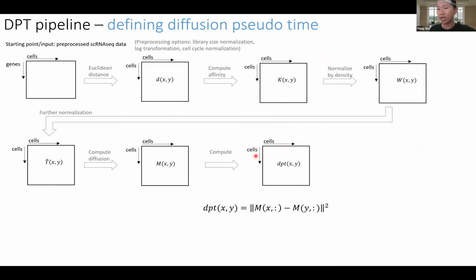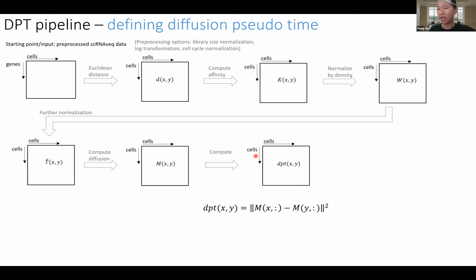But if I generate a k-nearest neighbor graph containing thousands and thousands of cells, and I try to find the shortest path on that graph, that will be a computationally very, very expensive task if I want to do that for each pair of cells.